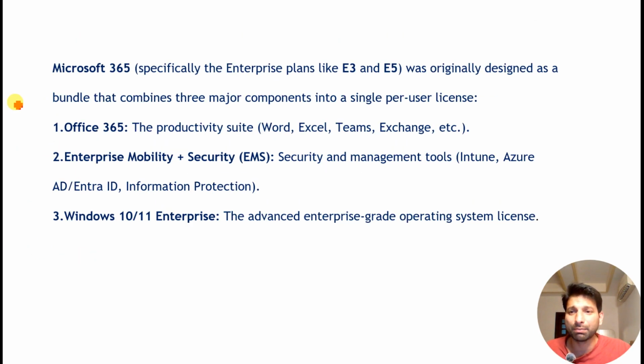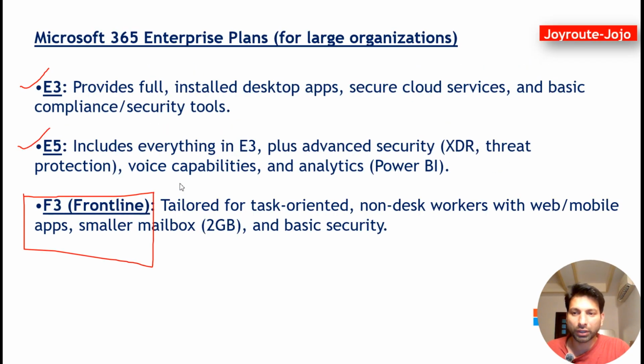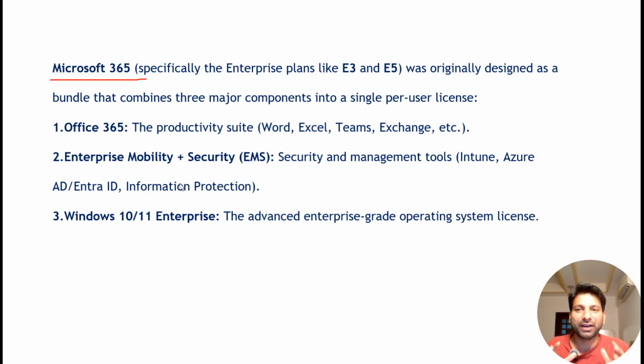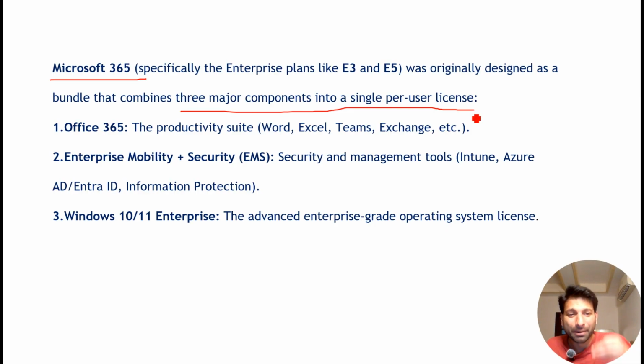Now, when we say Microsoft 365 license, either E3 or E5, that was originally designed as a bundle that contains three major components. First one, Office 365. It includes the productivity suite like Word, Excel, Teams, Exchange Online basics. So all that is included in Office 365.